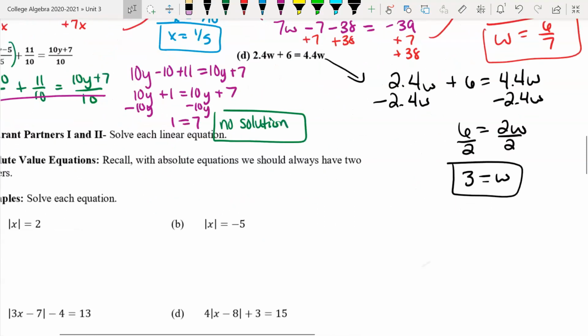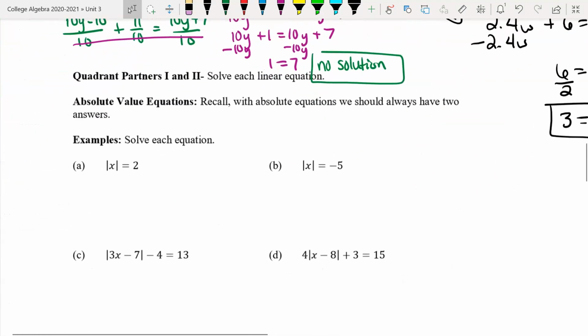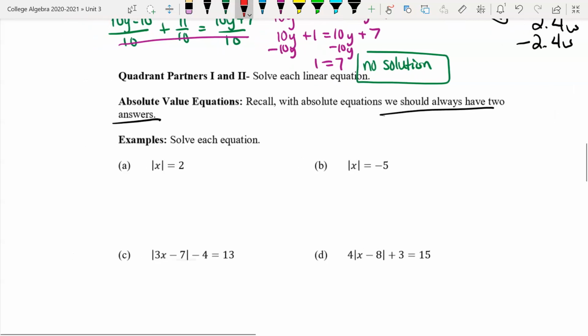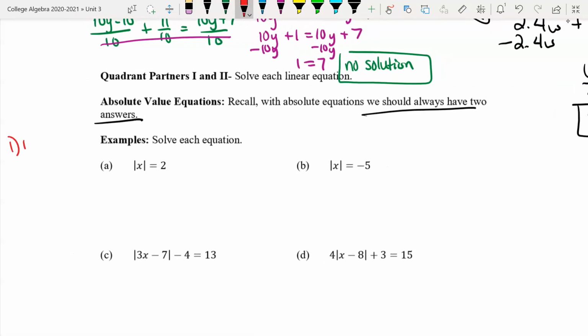So now we're going to talk about absolute value equations. Notice it says, recall with absolute value equations, we should always have 2 answers. Okay? So here are your steps for absolute value. You want to isolate the absolute value. So what that means is I want to get the absolute value by itself on one side of the equal sign.